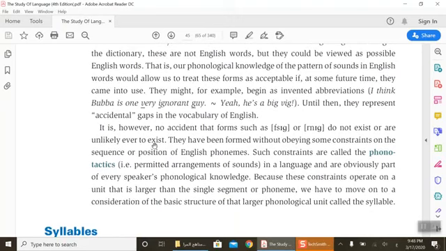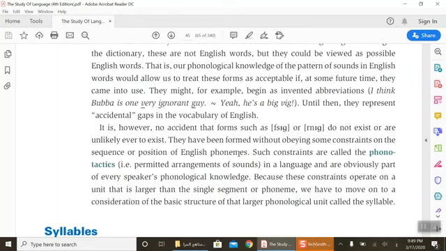It is, however, no accident that forms such as physic or rennig do not exist. These words do not exist, have no place in the dictionary, or are unlikely ever to exist. They have been formed without obeying some restraints on the sequence or position of English forms.